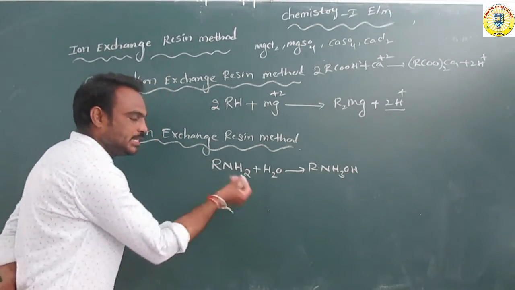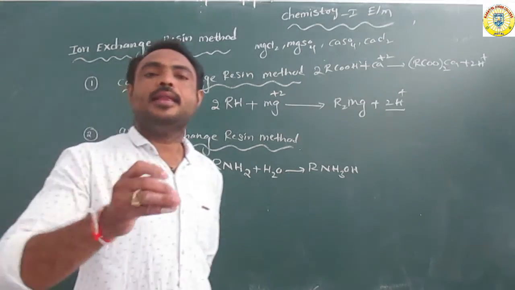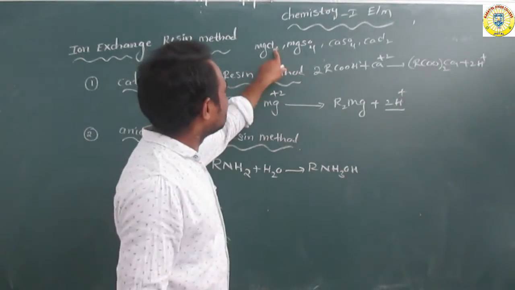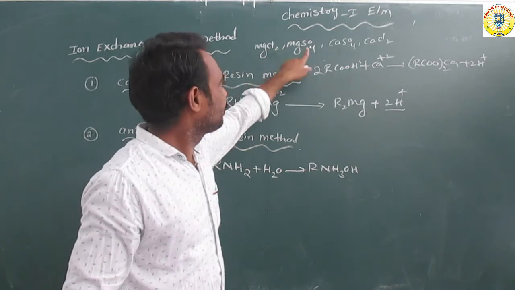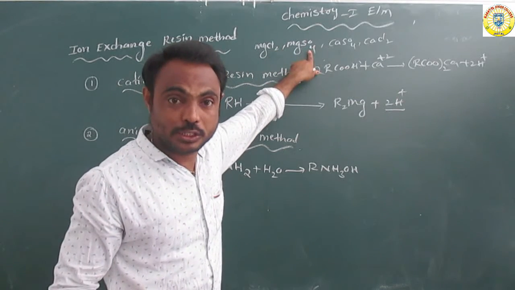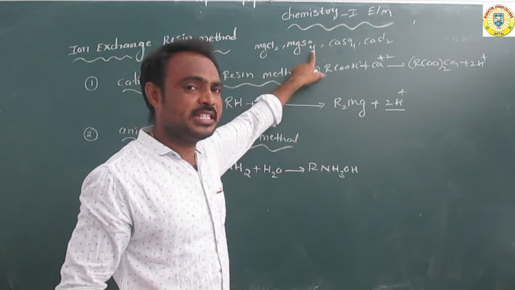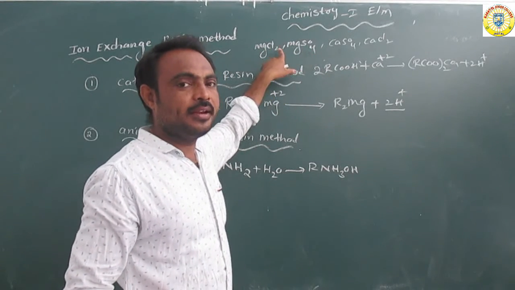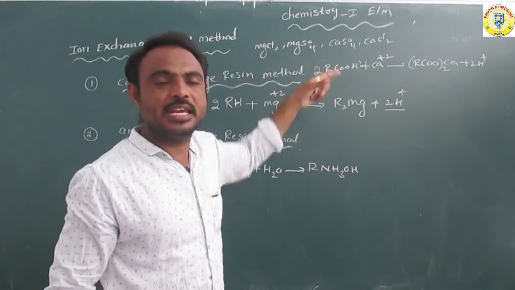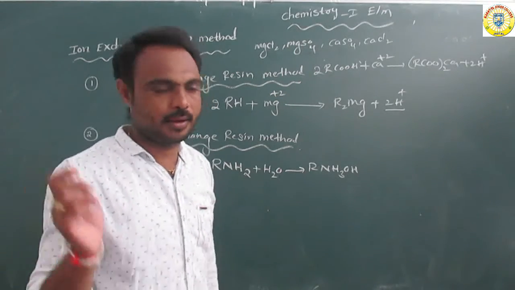When it exchanges the anion, anions means 2Cl- or SO4 2-, they are all anions. But Mg2+ is a cation, Ca2+ is a cation, while here 2Cl- is an anion and SO4 2- is an anion.